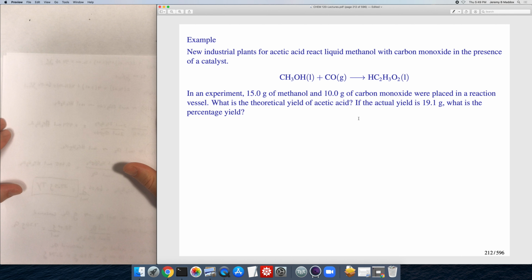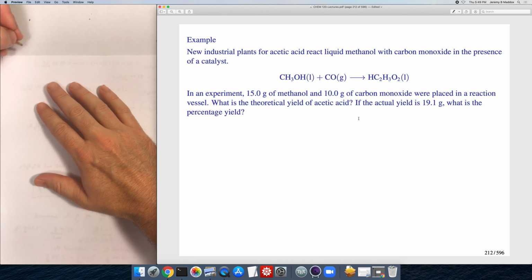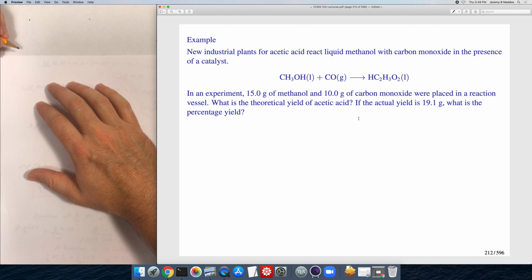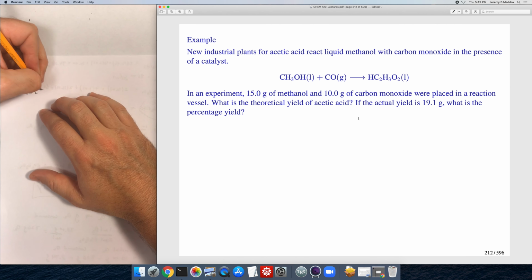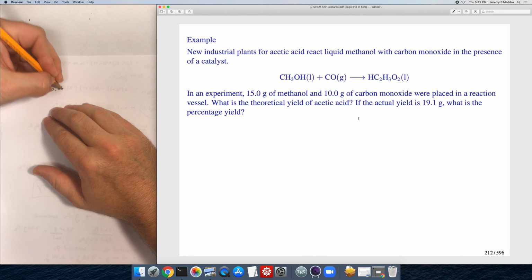So we'll do the limiting reactant problem again. In this case, we're going to need the molar mass of the methanol, the molar mass of the carbon monoxide, and the molar mass of the acetic acid, which we've already calculated. I believe it was 60.06 grams per mole.